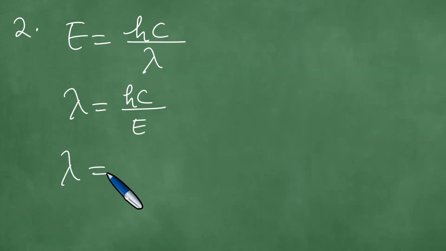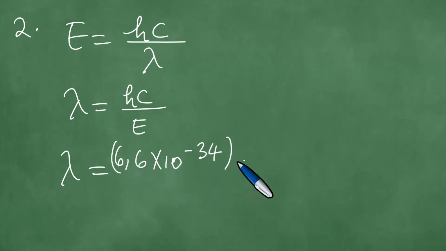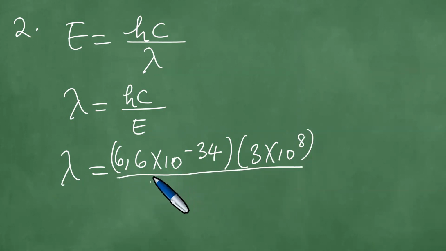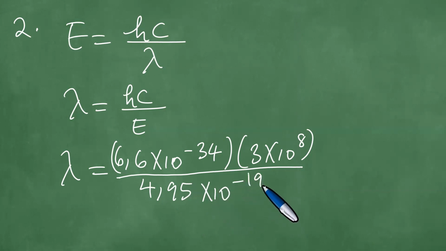So what is H the same as? 6,6 times 10 to the minus 34. C is 3 times 10 to the 8th power. E, the energy, is 4,95 times 10 to the minus 19 joules.